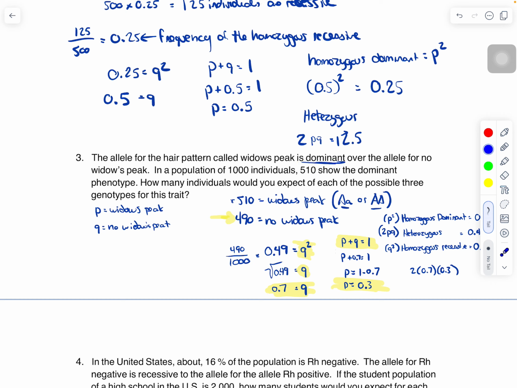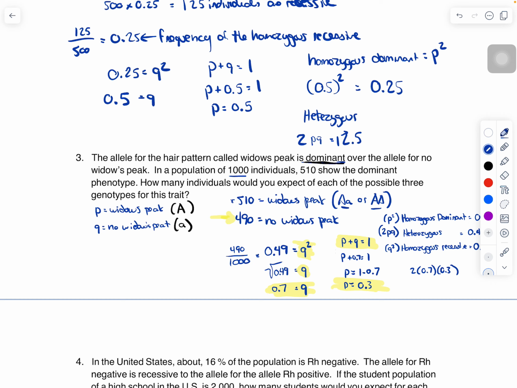So widow's peak in this case can equal P, but let's call that big A for now, because it's a dominant trait. And for the little one, it's little a. So, knowing that, little p is the probability of having the dominant allele, and Q is the probability of having a recessive allele. The rest is just deduction.